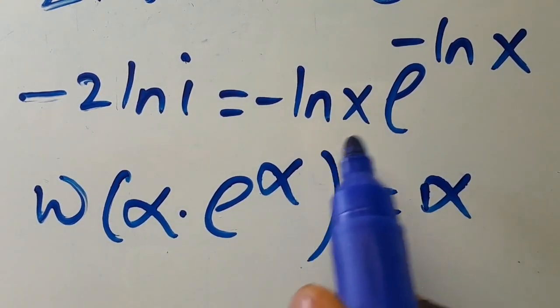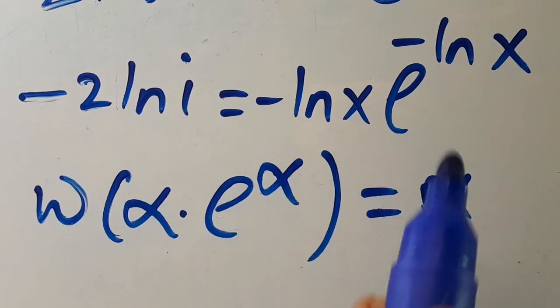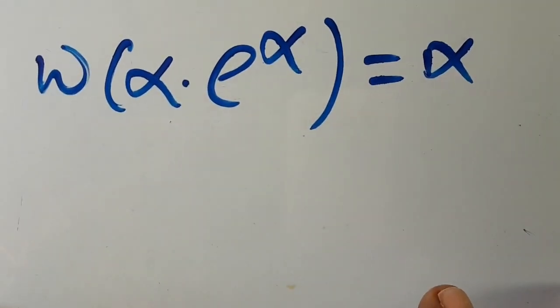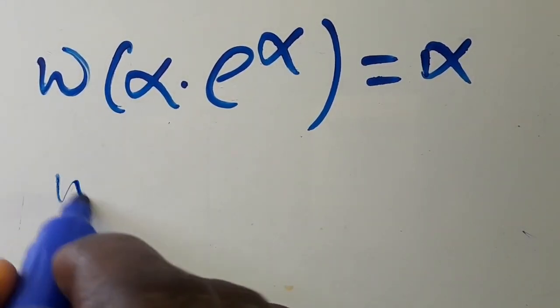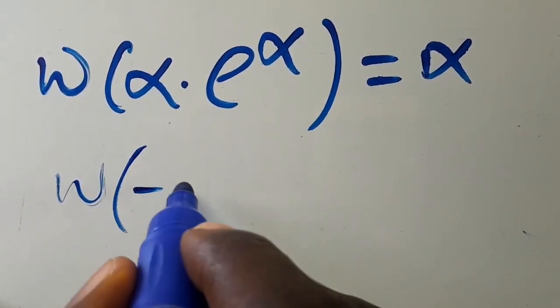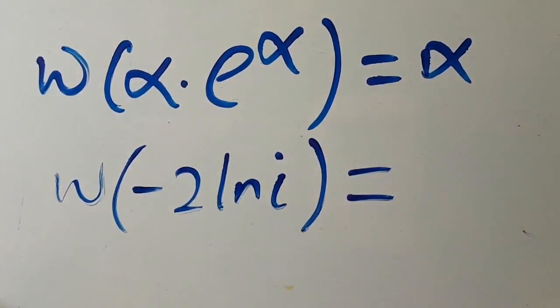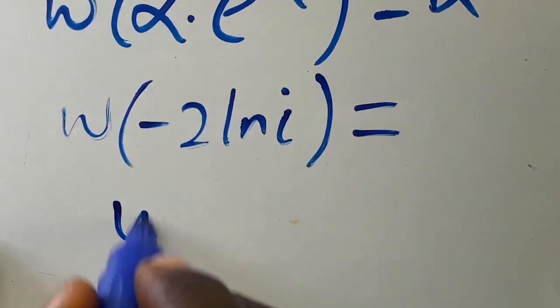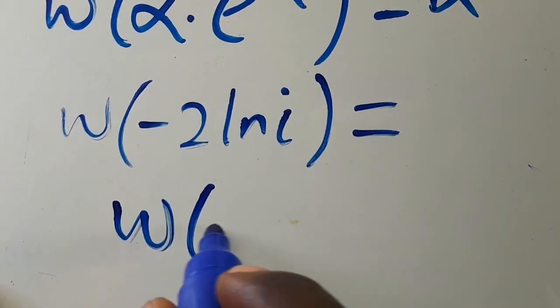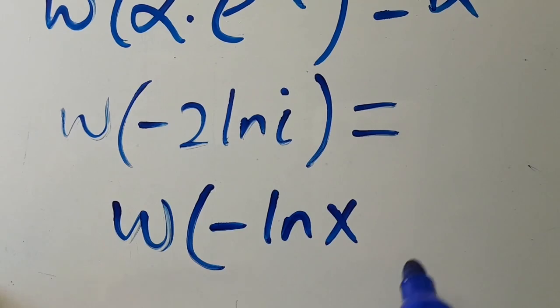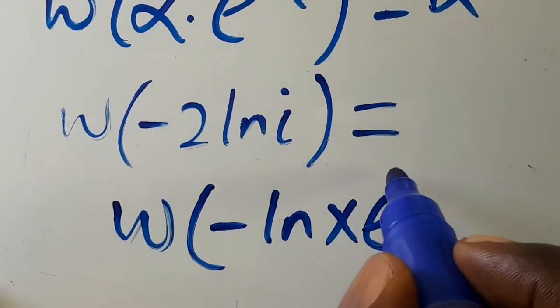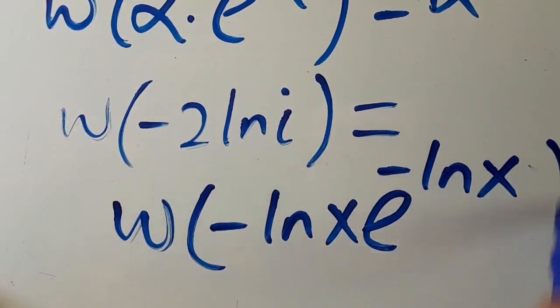So now by introducing this to the left and right hand side of this expression, we are going to have the Lambert W function of minus 2 ln of i equals the Lambert W function of minus ln of x, then multiply by e to the power of minus ln of x.